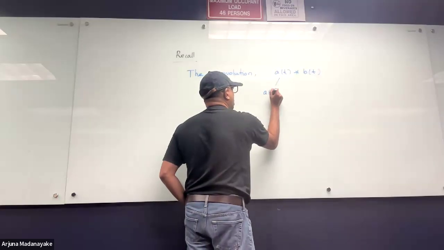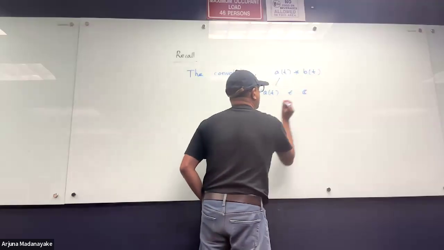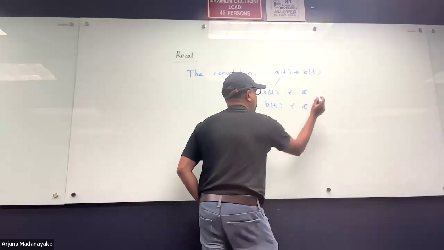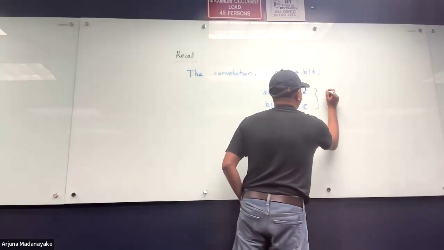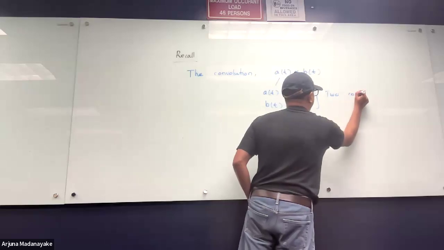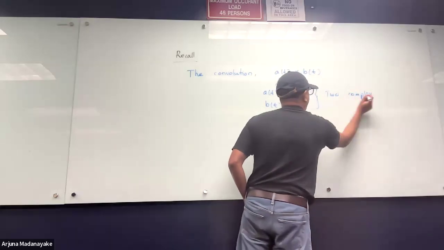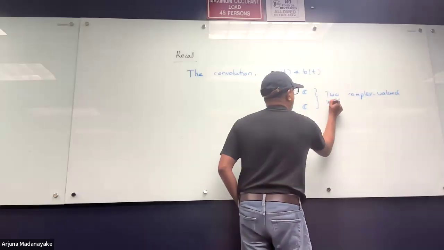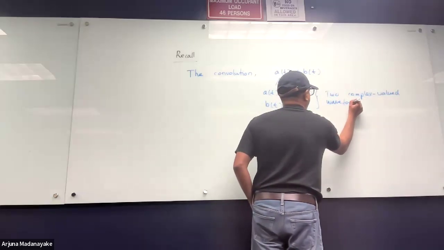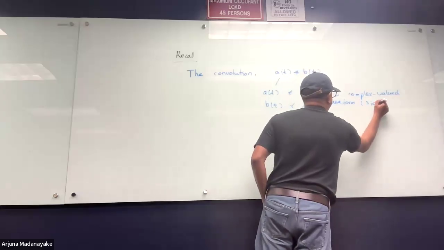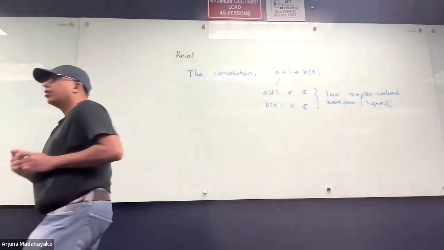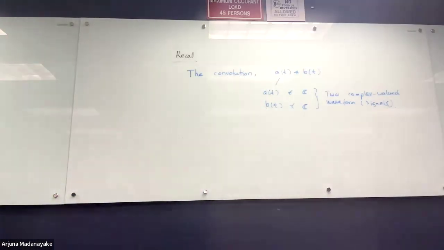Let's say A of t is complex valued and B of t is complex valued. So two complex waveforms, or you can think of them as signals, right? So individually, these two waveforms have their own shape.